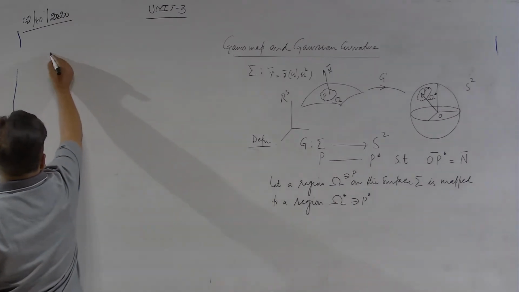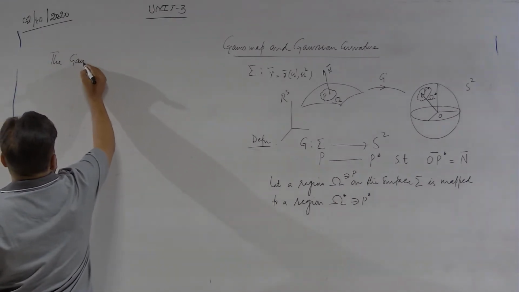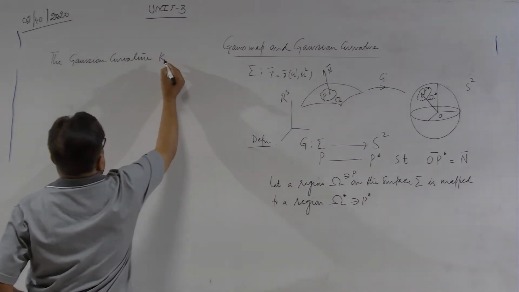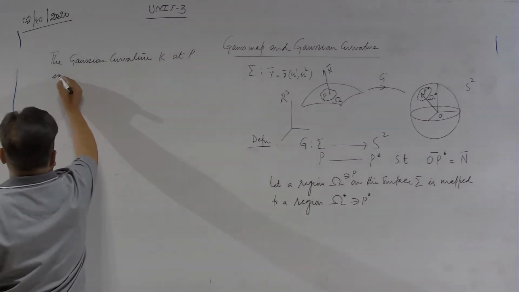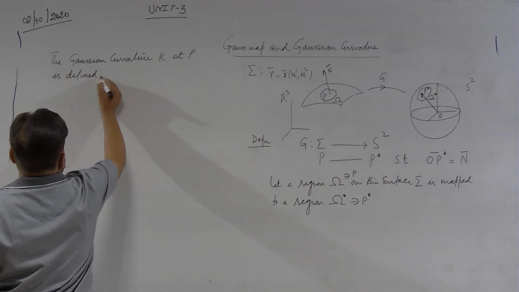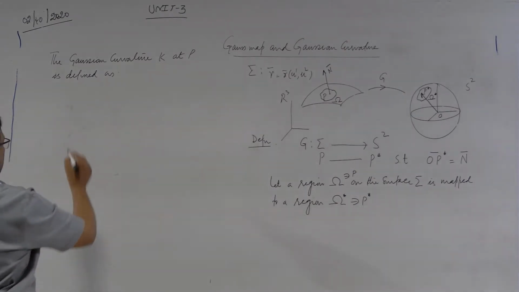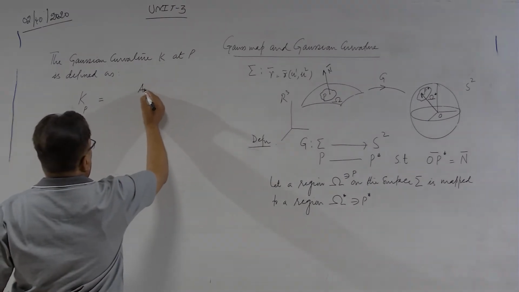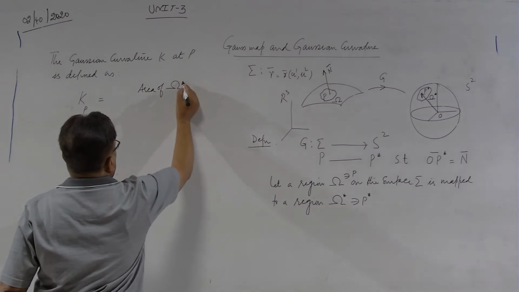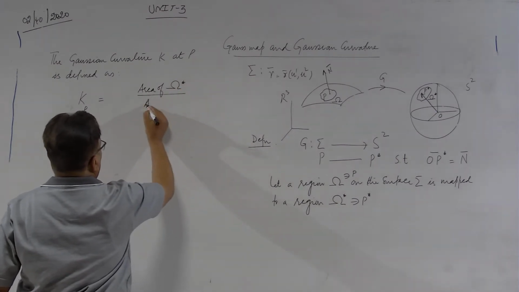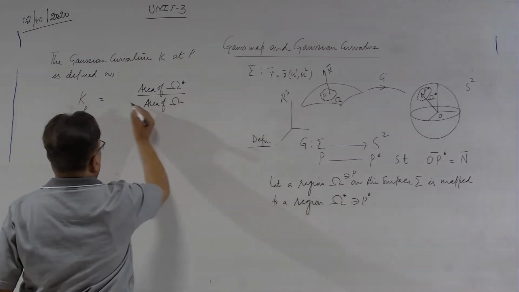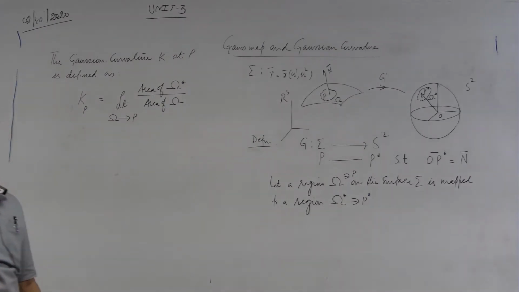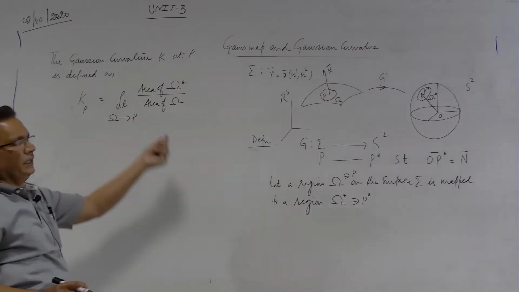So, the Gaussian curvature K at P is defined as K at P is equal to the area of omega star upon the area of the region omega, in the limiting case when this omega shrinks to the point P. This shrinking is denoted by this symbol.